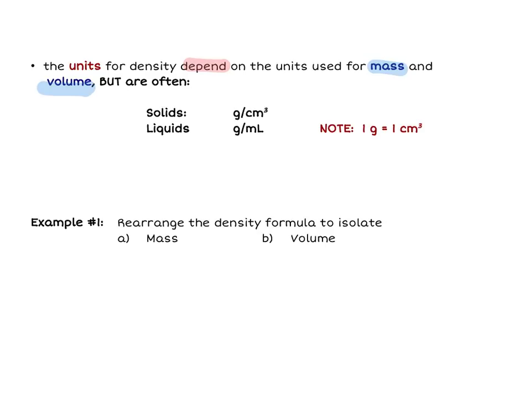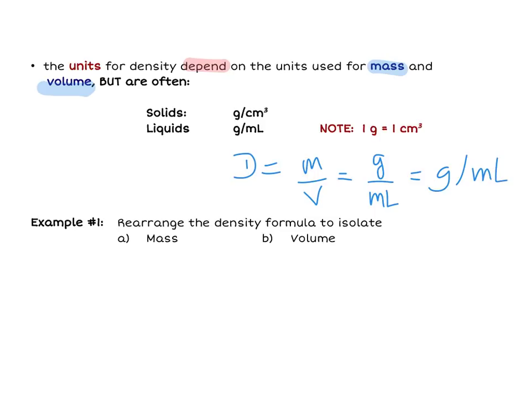So for example, I'm just going to write out our density formula for a second. I know that density is equal to mass divided by volume. Well, let's say, for instance, that I put in units of grams for my mass, and I put in units of milliliters for my volume. That gives me a gram per milliliter.